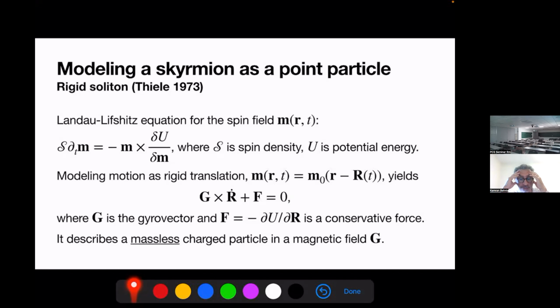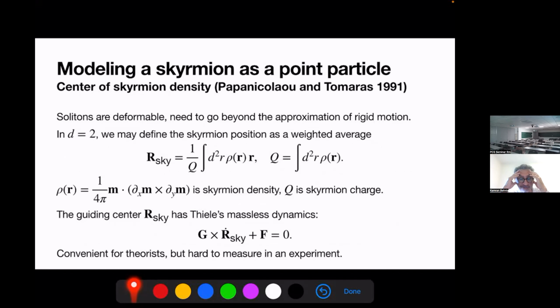Later, Nikos Papanikolaou and his students introduced the more sophisticated approach where solitons are deformable. They need not keep their shape, so the rigid motion approximation need not be made. But still, if you define the position of your soliton, in this particular case in 2 dimensions, it would be a skyrmion or maybe a vortex.